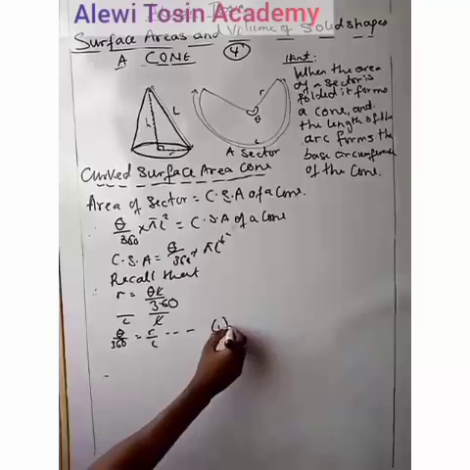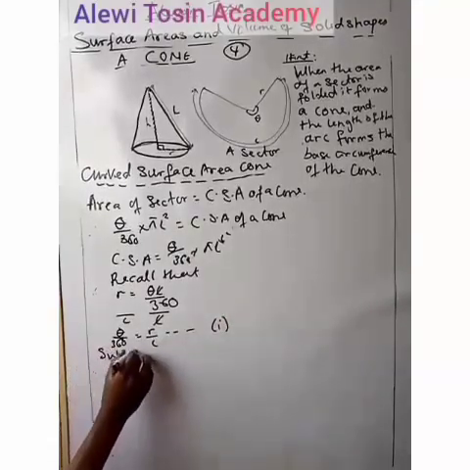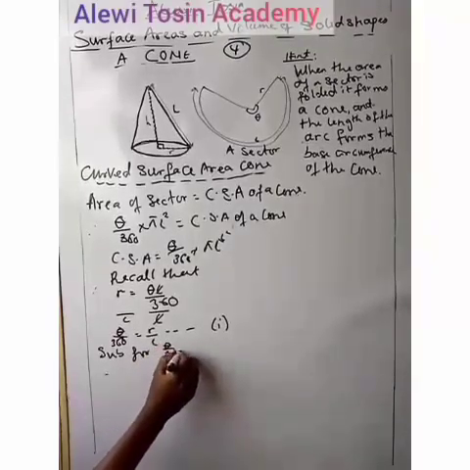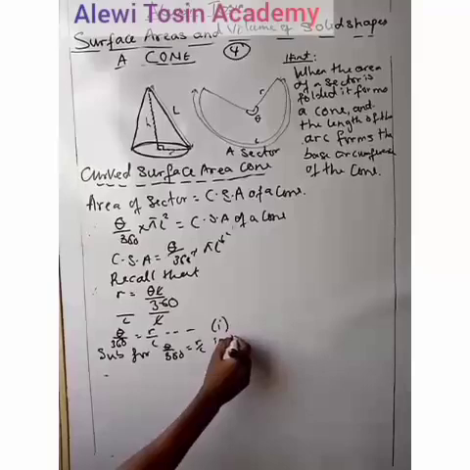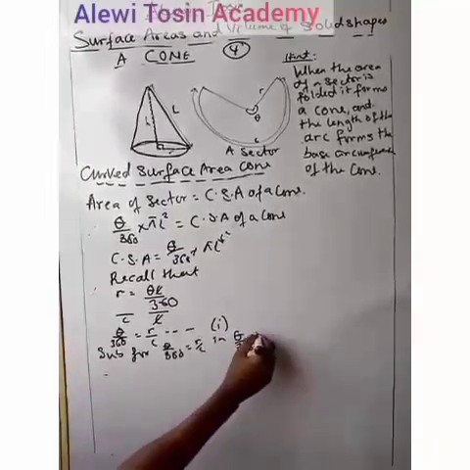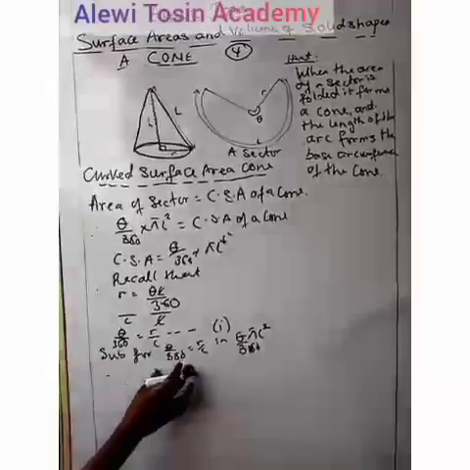Let's call this equation 1. We substitute theta over 360 equal to R over L into the CSA, which is theta over 360 times pi L square.